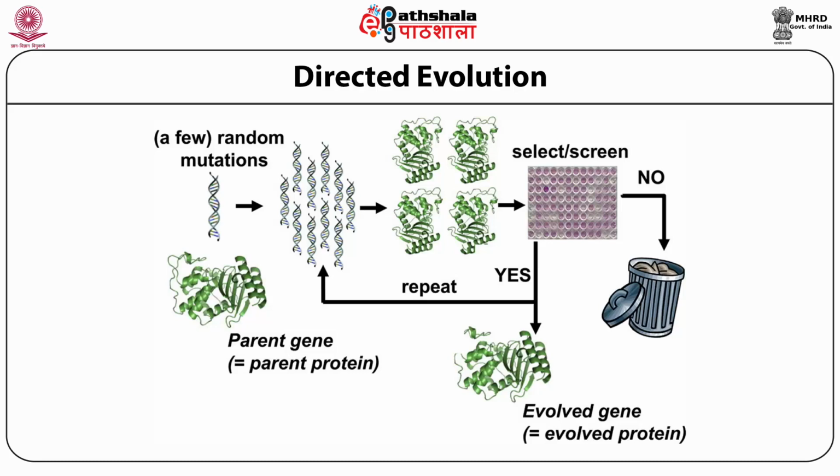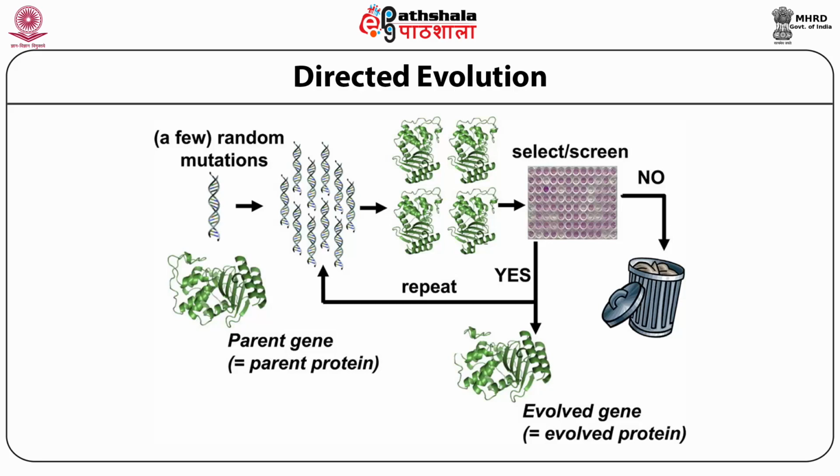We take that gene and we introduce mutations using error-prone PCR, DNA shuffling, DNA recombination, different techniques, and we generate the gene library. All this gene library will be translated into proteins. So in this protein library you will have so many variants.